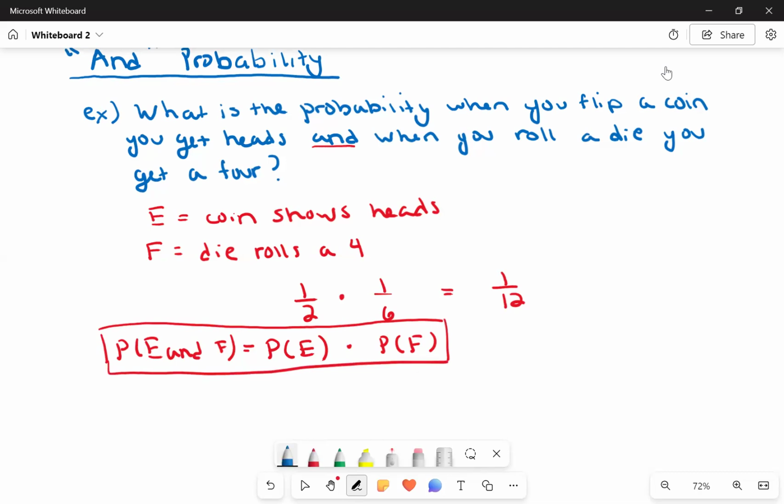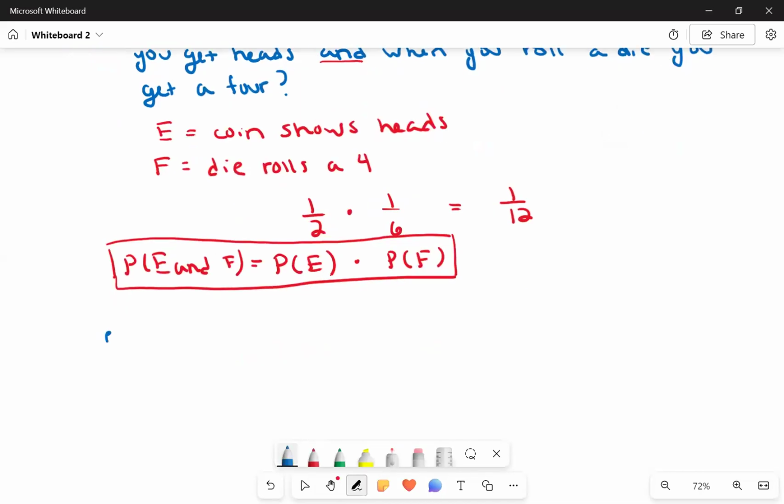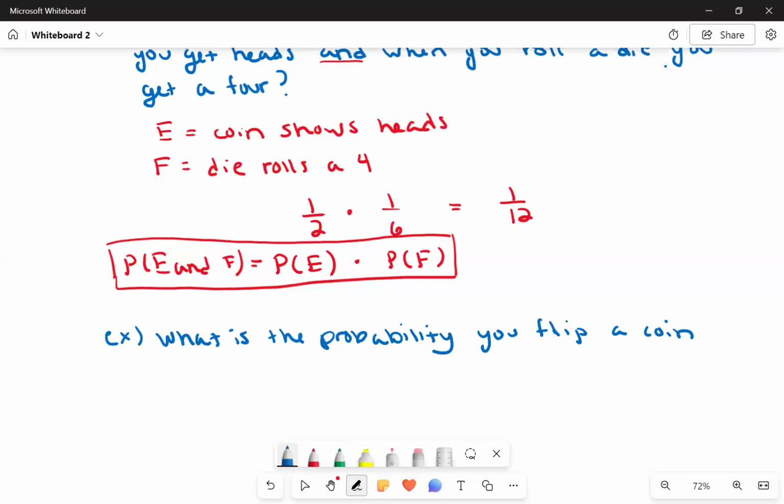Now let's change the wording a bit, but we're still really looking at the same thing. Let's say this time I ask, what is the probability you flip a coin twice and get 2 tails?